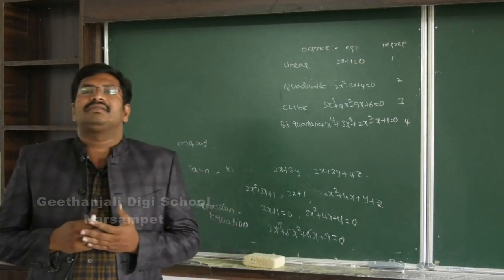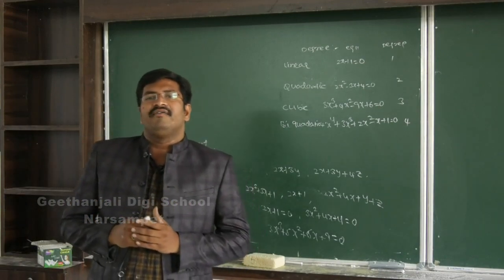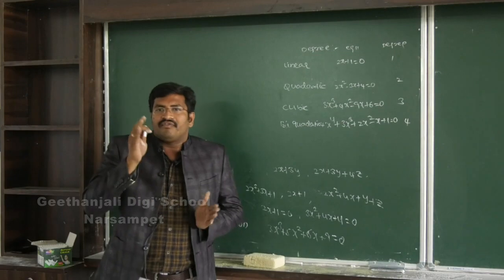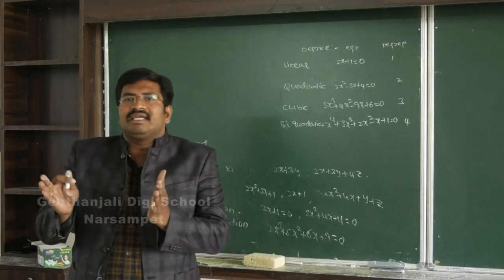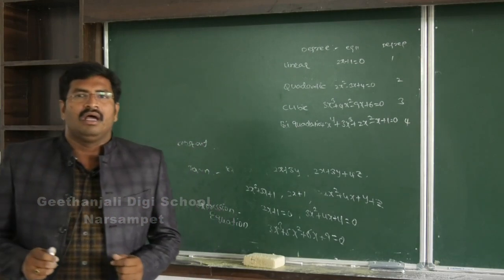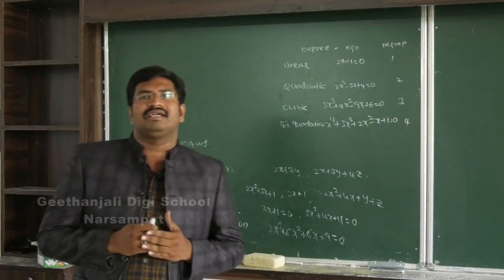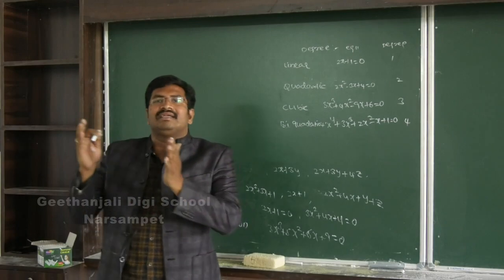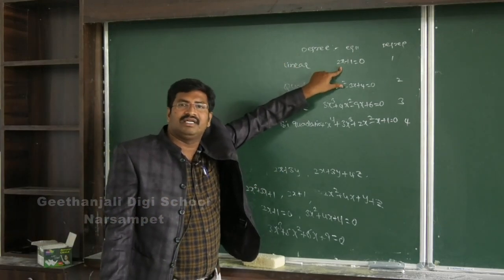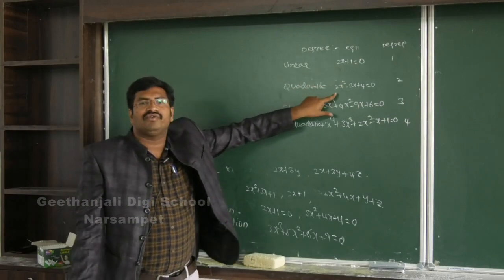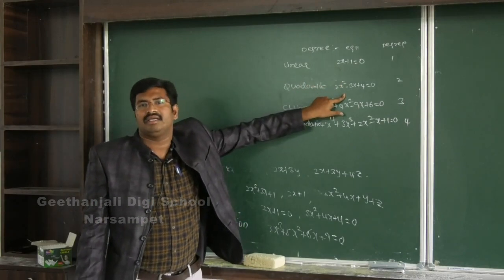If the degree is 5, it is called a fifth degree equation; if degree is 6, sixth degree equation; if degree is n, an nth degree equation. The first can also be called a linear equation or first degree equation. The second can be called a second degree equation or quadratic equation.